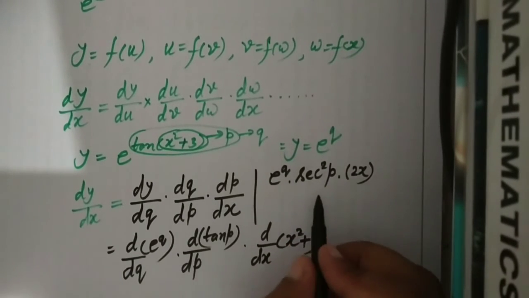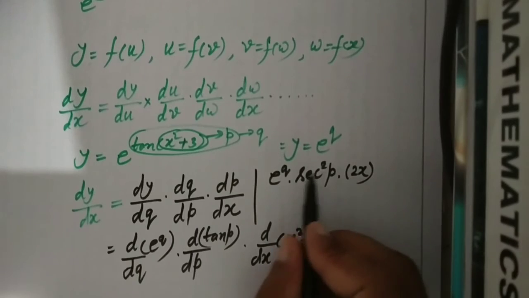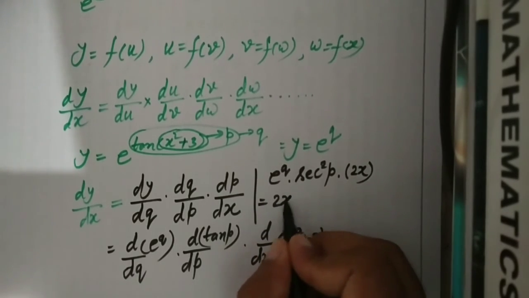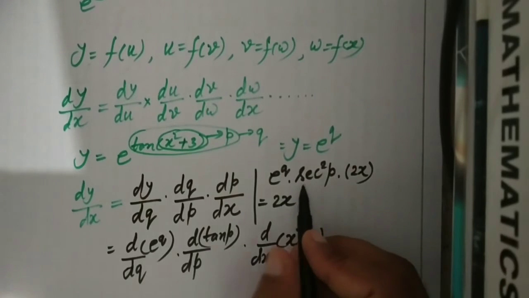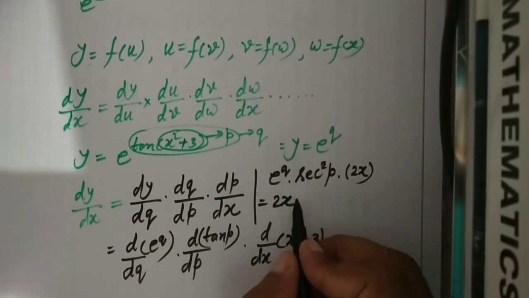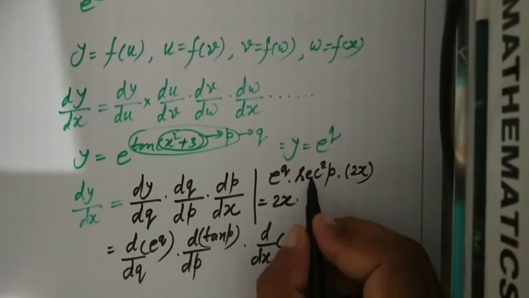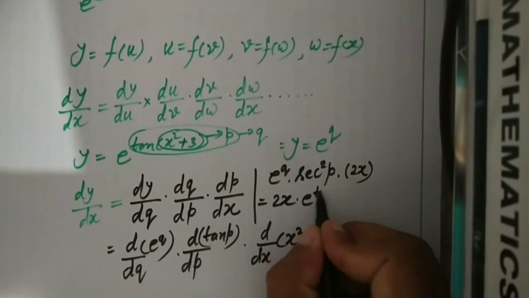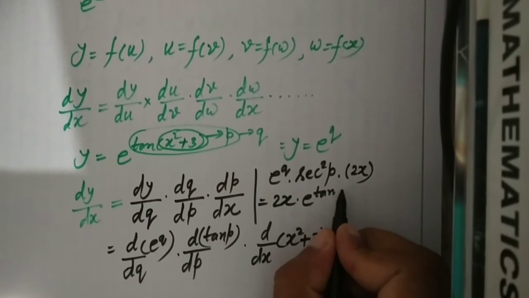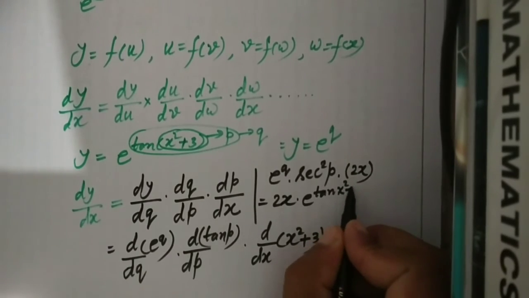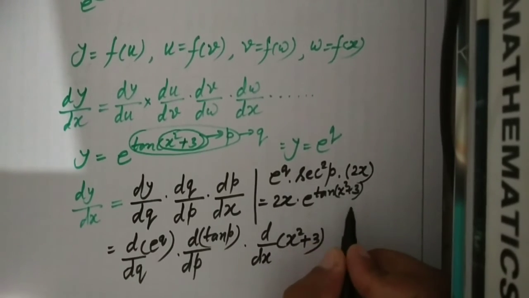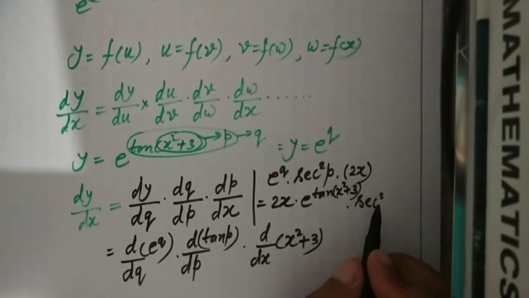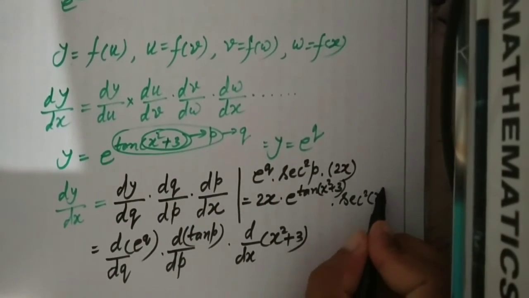When we substitute the values of p and q, the derivative is 2x written in the beginning, then e to the power q, where q is tan of x squared plus 3, and into sec squared p, which is sec squared of x squared plus 3.